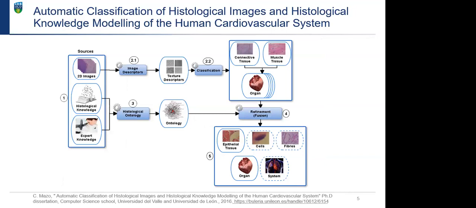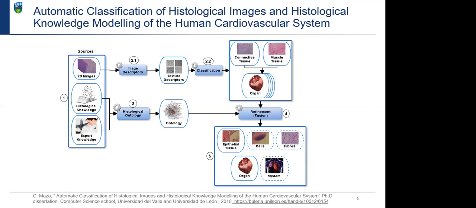This one is an automatic classification of histological images and histological knowledge model of the human cardiovascular system. The idea in this work is to mix different kinds of input sources. In this case, we have 2D images, that is also histological images.